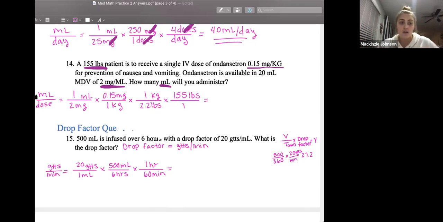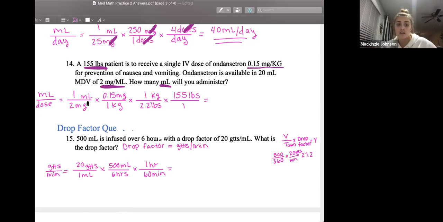So you'll always start with your milliliters over dose. We're looking for milliliters, so that's going to go on top. We have 1 milliliter over 2 milligrams. And then we're going to go with what the provider ordered, which is 0.15 milligrams per 1 kilogram. That'll stay the same no matter how you do your problems, just stick with those basics. So then we did the conversion: 1 kilogram is 2.2 pounds.